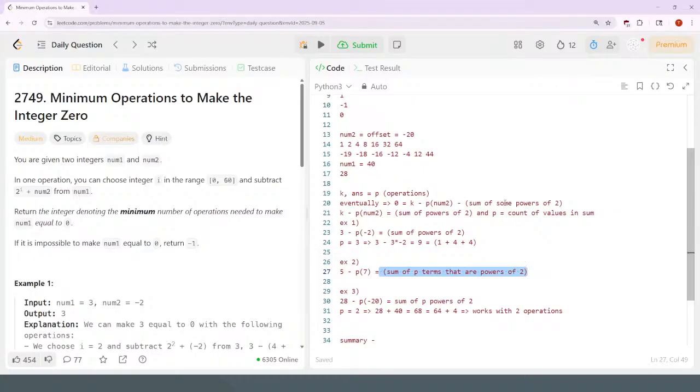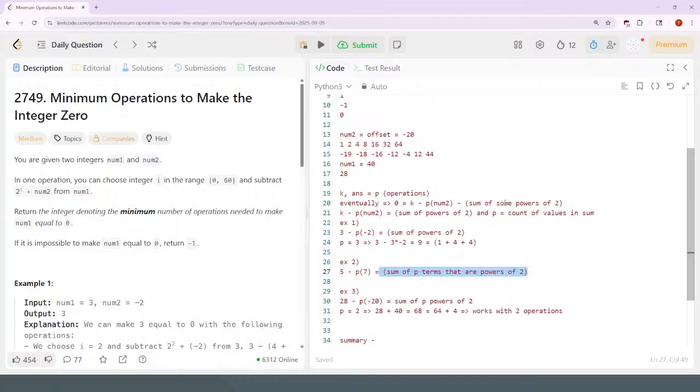Could possibly do a binary search, because if it can do it in p operations, then it should... not quite.